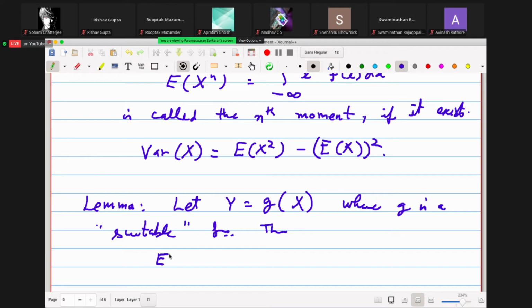Then the expectation of Y is equal to the integral from minus infinity to infinity of g(x) f_X(x) dx.